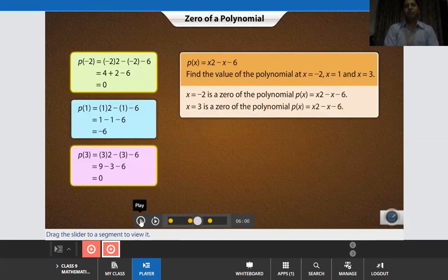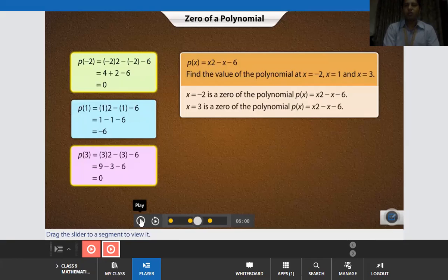So here you can see we substituted x equals minus 2, and the value of that polynomial has become 0, whereas p of 1 is minus 6 and p of 3 is 0. So at minus 2 and 3 the polynomial becomes 0. This is the zero of a polynomial: the value of x at which the polynomial vanishes, or the value of the polynomial becomes 0, is known as a zero of the polynomial.